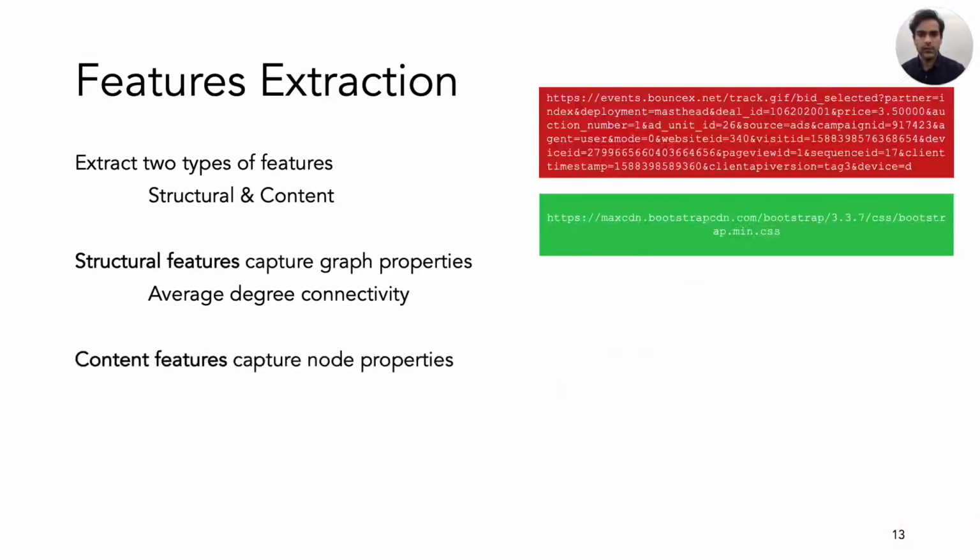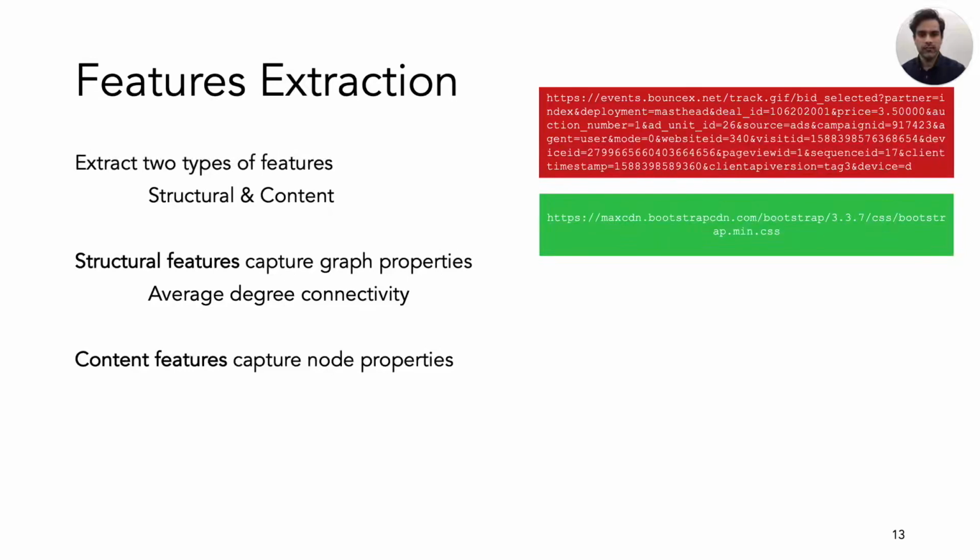The second type of features extracted from the graph representation are content features. These features capture the node properties, such as the length of the URL or ad and tracking related keywords in the URL. To demonstrate how node properties for ads and trackers differ from functional content, we show an ad and a tracking URL in the red box and a functional URL in the green box. Both of these URLs are from CNN.